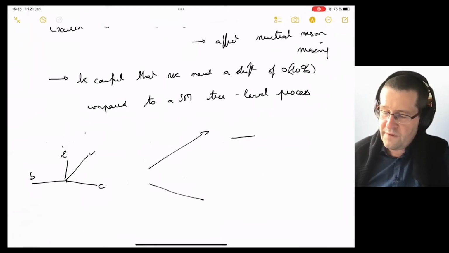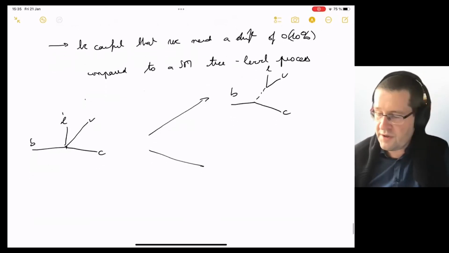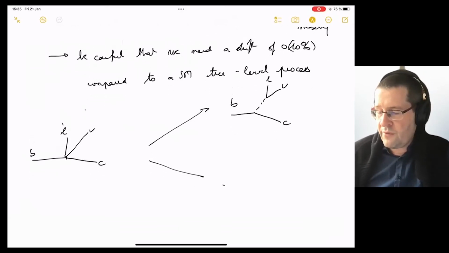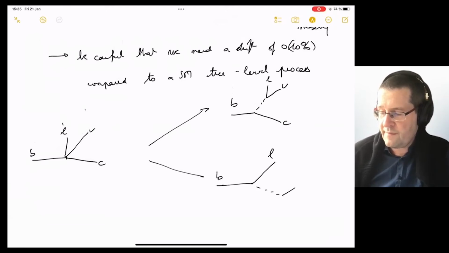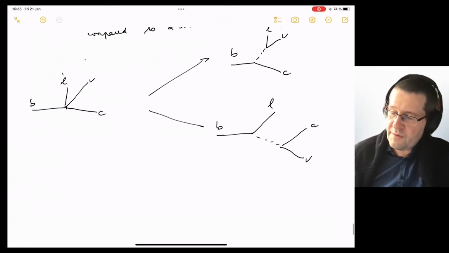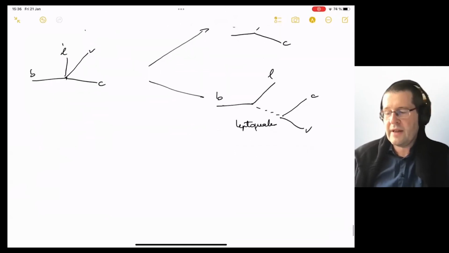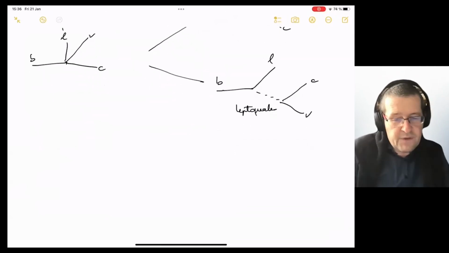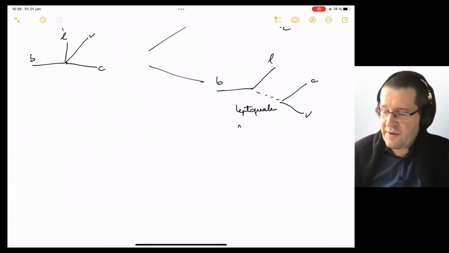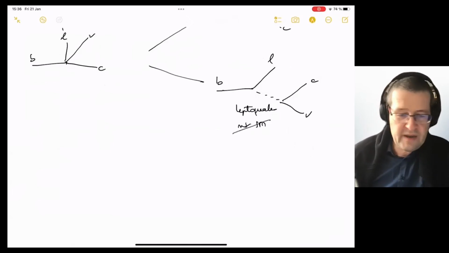So here for the moment, I was trying to do something like this with my charges of W. But then the point is that I could also imagine doing something like this. And this would be leptoquarks. So clearly objects coupling both to a quark and a lepton. So that's something that is not standard model at all.